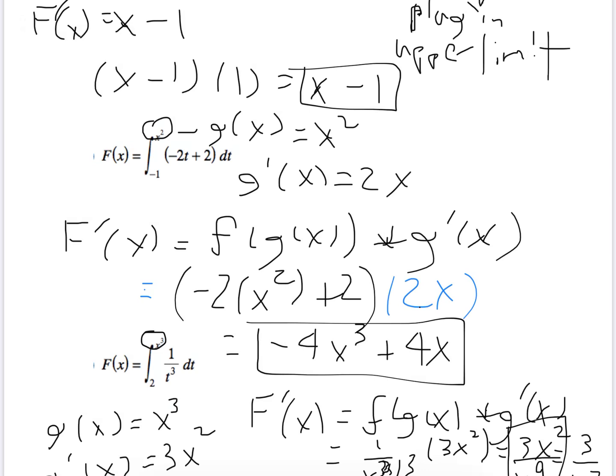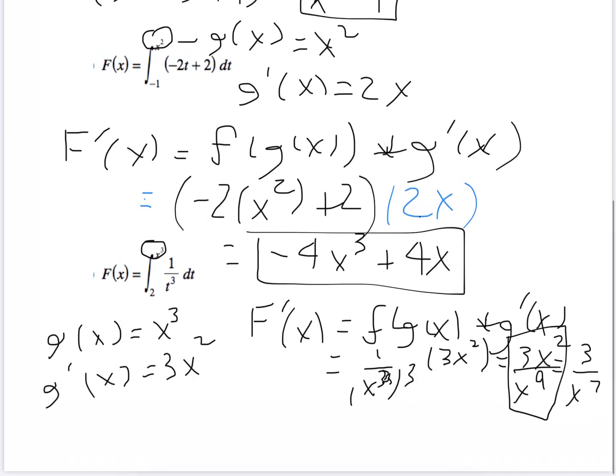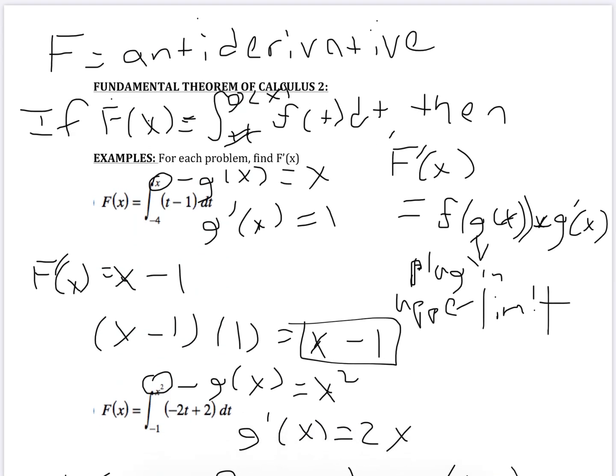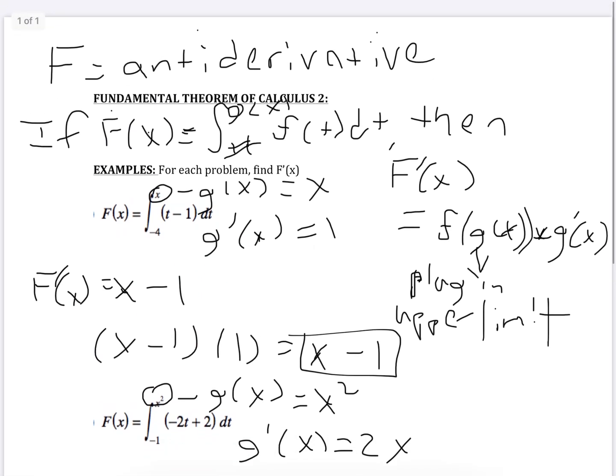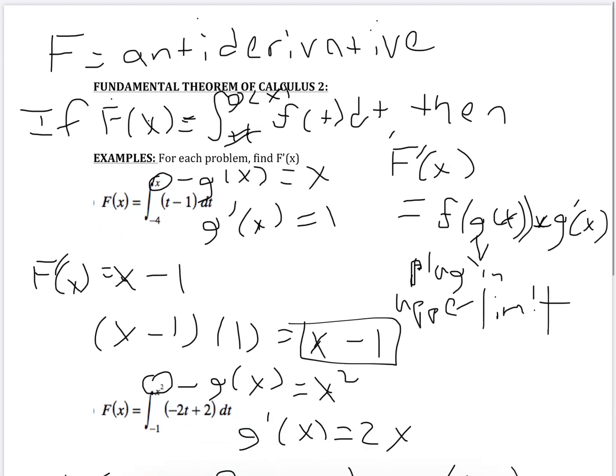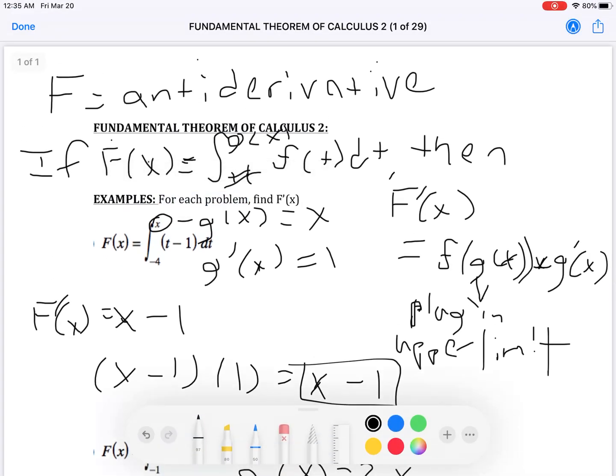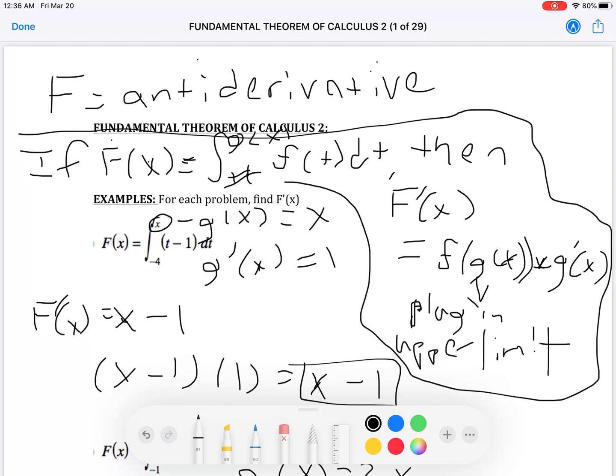And you evaluate it like a composition of functions that you did in Algebra 2 class. I always like circling that upper limit of integration. I call that the g of x, and then I take the derivative of that, so I can go right to the formula of the second fundamental theorem of calculus. I'll just box this in here, and this is something you can use consistently on the practice.